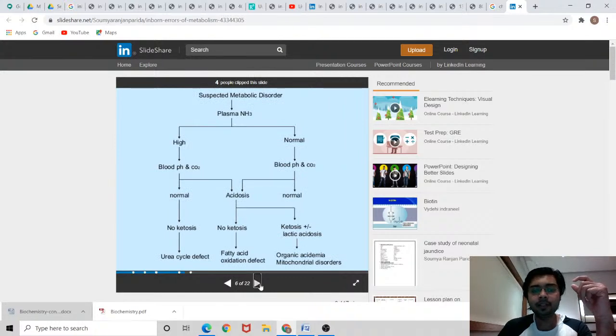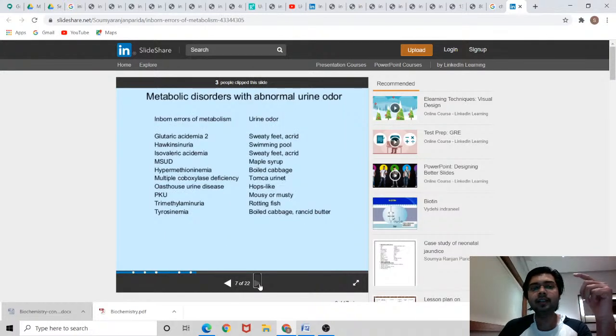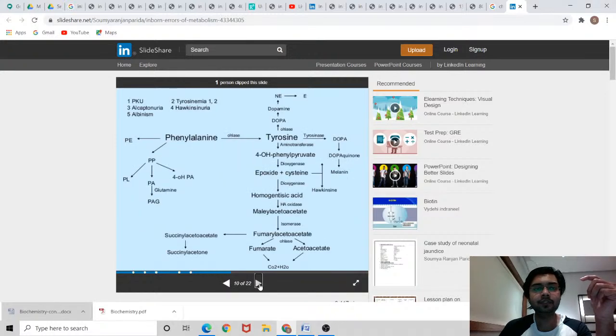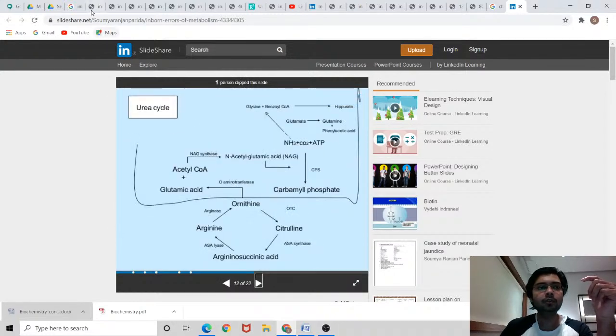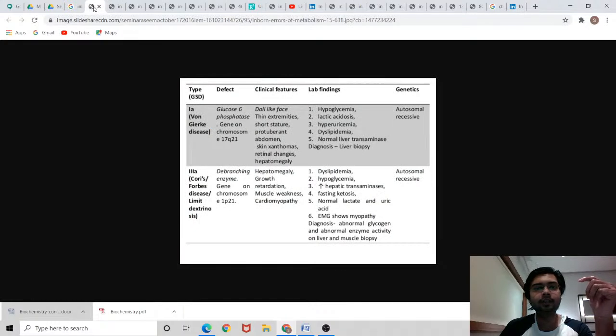Now, regarding the different diseases and the enzymes that are deficient, let us go to a summarized chart.